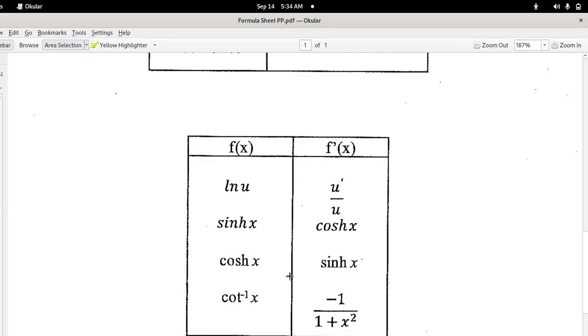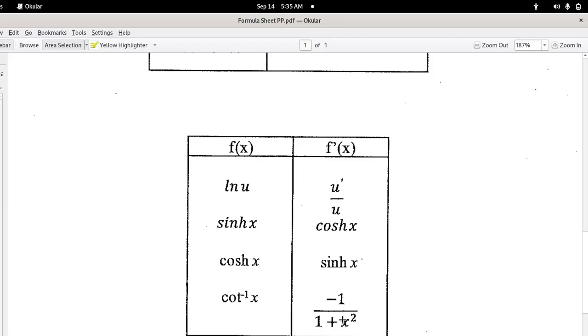However, the only difference between the derivative of cotangent inverse of x and tan inverse of x is the sign. The negative is no longer there, it's positive. So the derivative of cotangent inverse of x is negative 1 over 1 plus x squared. The derivative of tan inverse of x is positive 1 over 1 plus x squared.